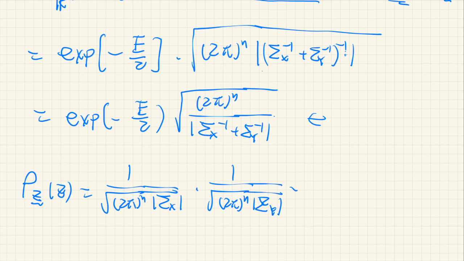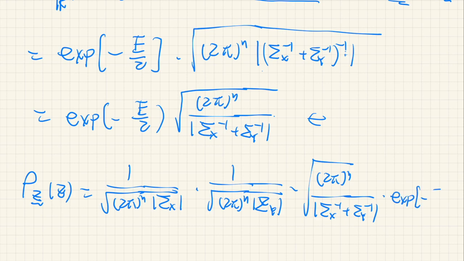And now we have this 2 pi to the power of n and the determinant of sigma x inverse plus sigma y inverse times exponential of negative E over 2. So this cancels this, and we have this times this times this.